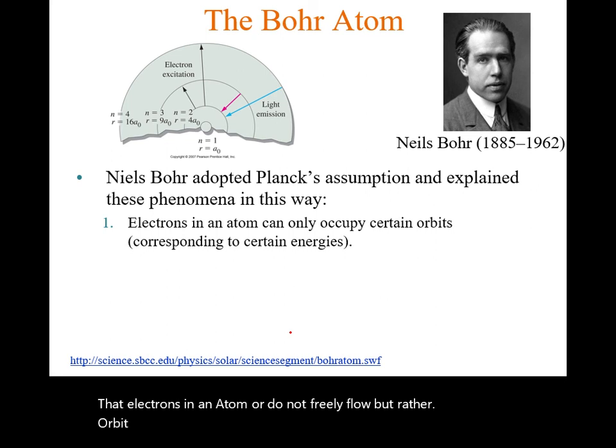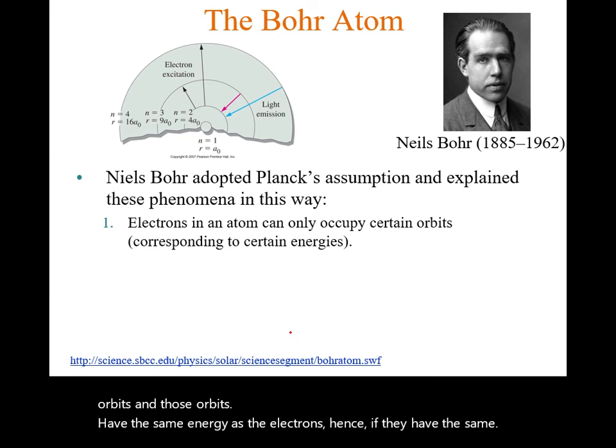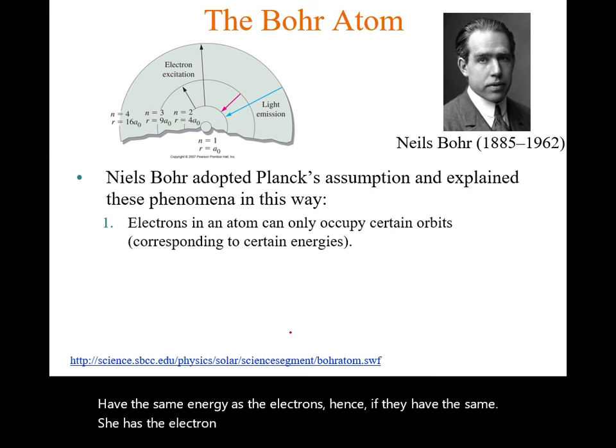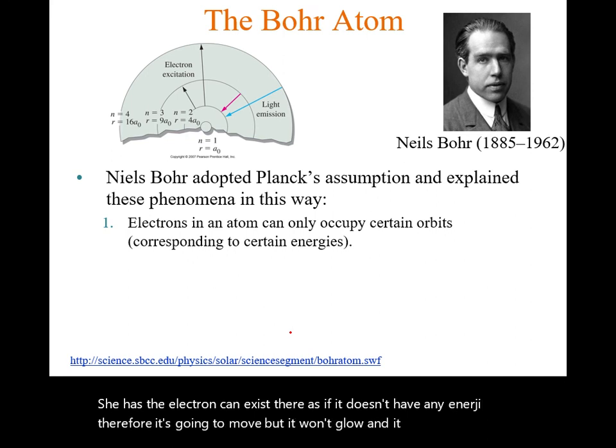So they are restricted in their movement to certain orbits, and those orbits have the same energy as the electrons. Hence, the electron can exist there as if it doesn't have any energy. Therefore, it's going to move, but it won't glow, and it won't lose any of its energy.